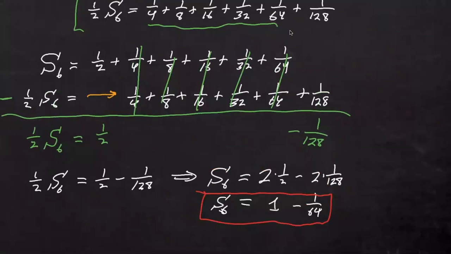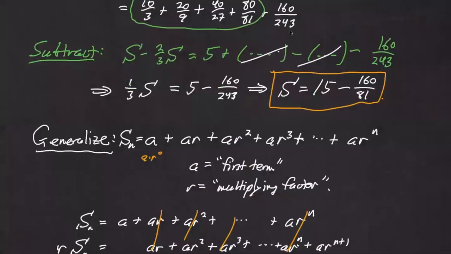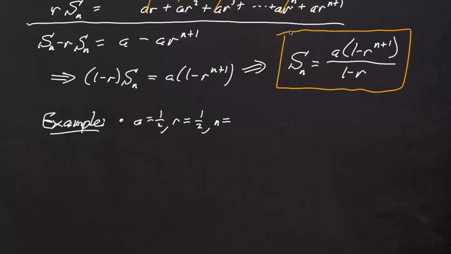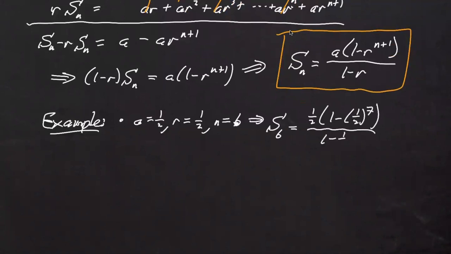Yeah, we did S6. So, okay, so N equals 6. And that means S6 is, well, it's a half times 1 minus a half to the 7th over 1 minus a half. I actually get a half on the top and a half on the bottom. 1 minus half is a half. Those cancel.